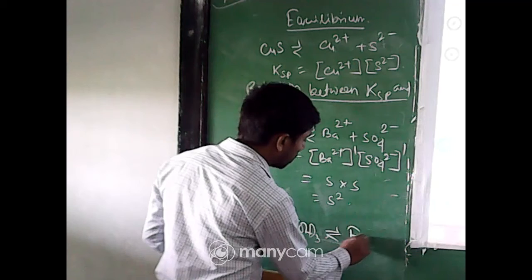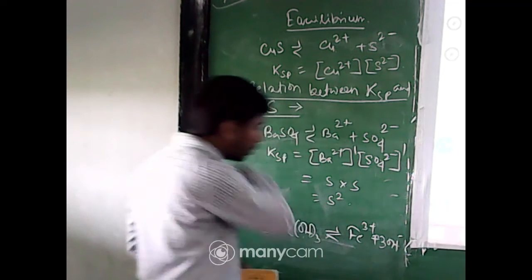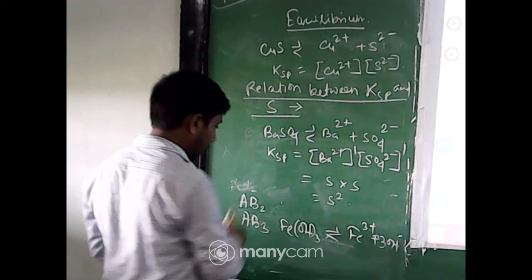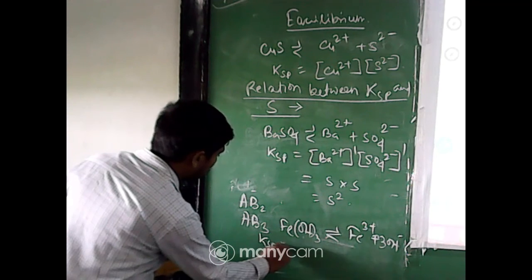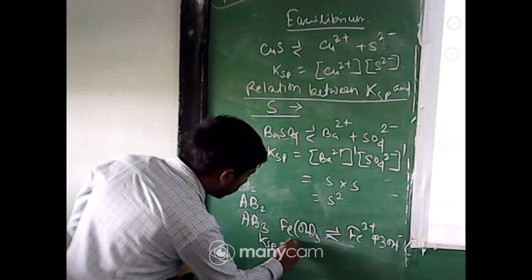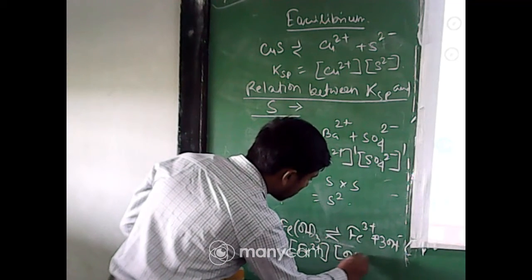Here it is Fe3+ and 3OH minus. We know Ksp equals the concentration of Fe3+ into OH minus cubed.